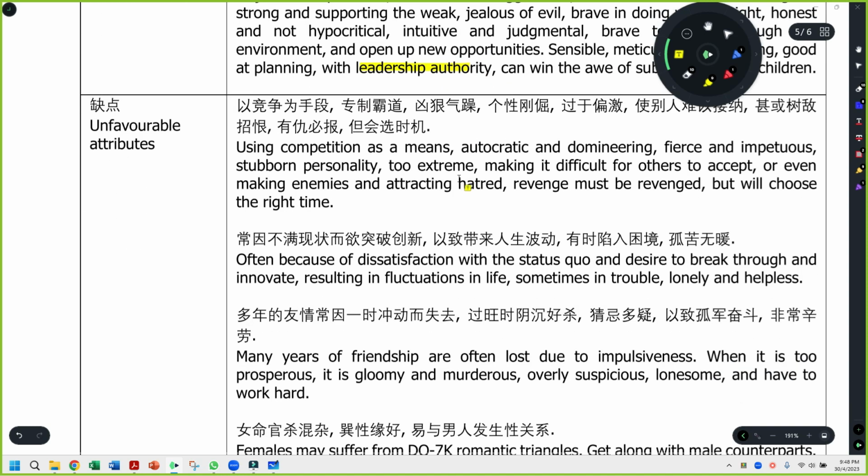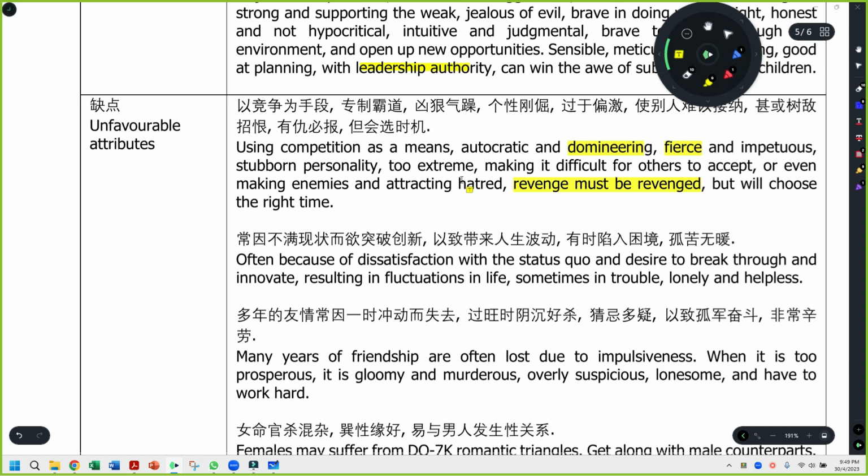However, if 7 killing becomes unfavorable, as in too strong, it is domineering, it is a very fierce gangster behavior, impetuous, very petty, and very vengeful. So if anyone has 7 killing, too many of them, it is better to avoid, better not to confront, because they will want to exact their revenge.